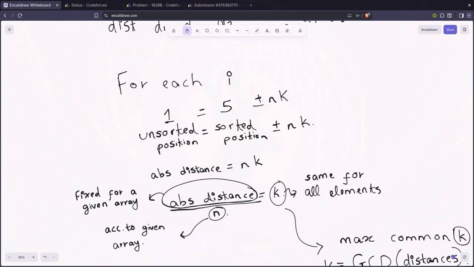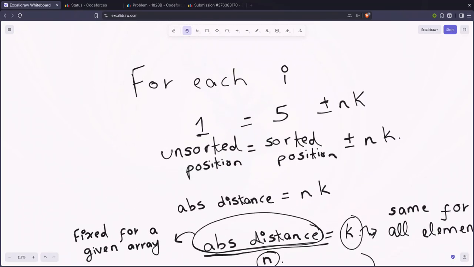So that is what is being said, that unsorted position is equal to the sorted position plus or minus nk. That means, in simple terms, if element 5 was in position 5, that is the sorted position, and we do plus minus nk, we jump any number of times.